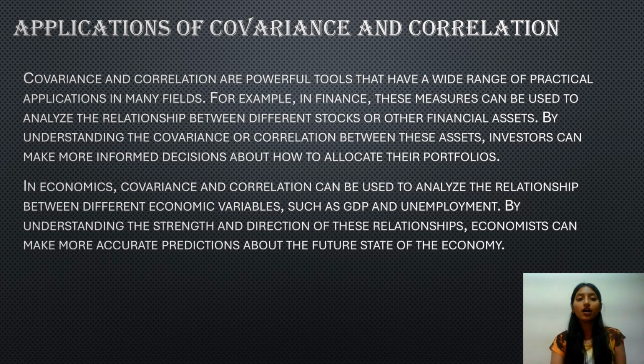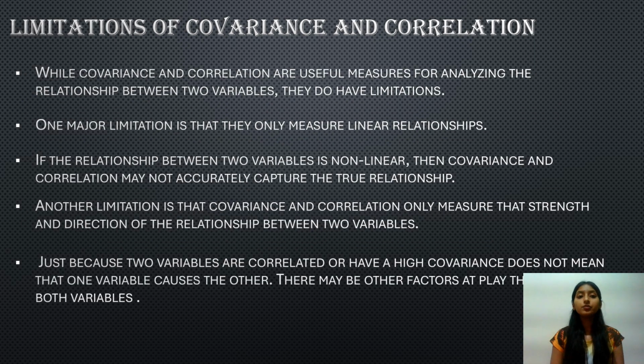Limitations of covariance and correlation. While covariance and correlation are useful measures for analyzing the relationship between two variables, they do have limitations. One major limitation is that they only measure linear relationships. If the relationship between two variables is non-linear, then covariance and correlation may not accurately capture the true relationship.